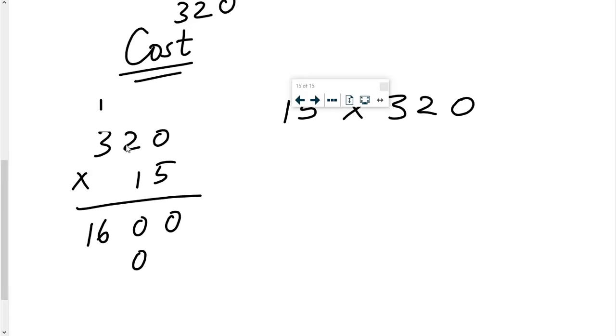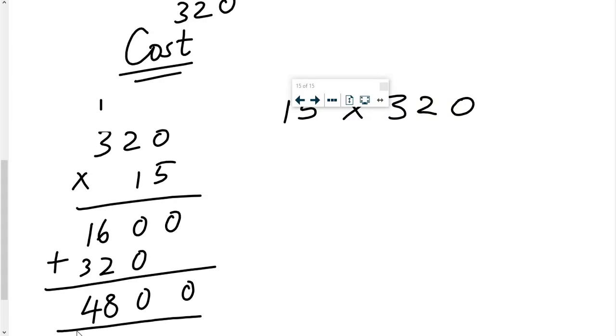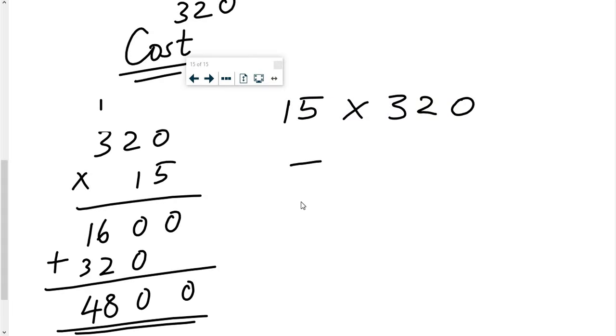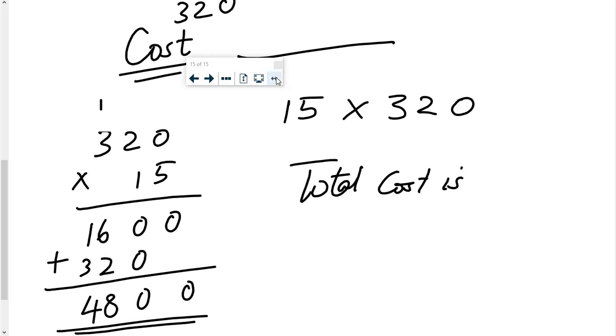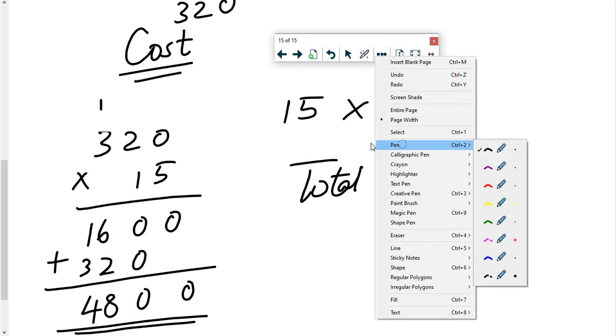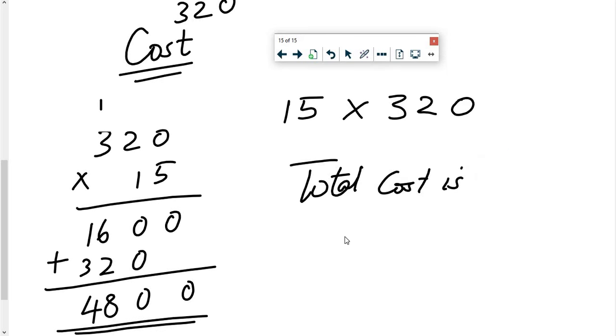You will have 0, you will have 2, you will have 3. Add 0, 0, 8, 4. Answer will be total cost is 4800 rupees.